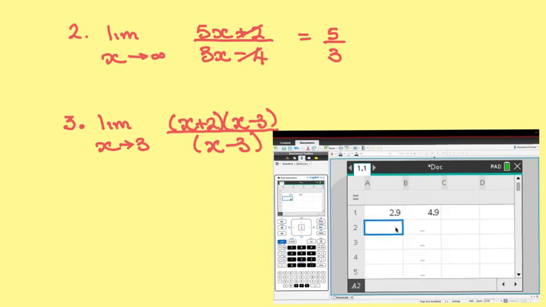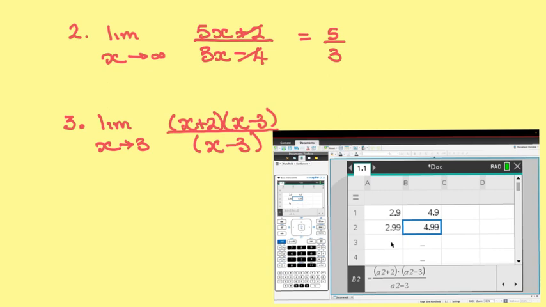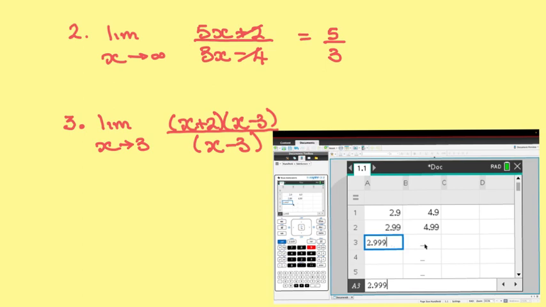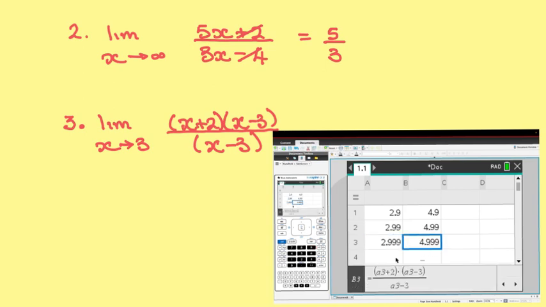Put another value closer to 3, 2.99. I get a value 4.99. I'm going to put a value even closer, 2.999. See what I get? I get 4.999. A value even closer, 2.9999, and I get 4.9999.